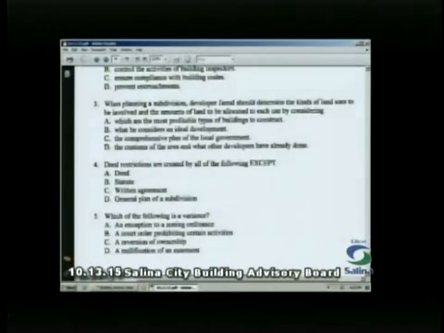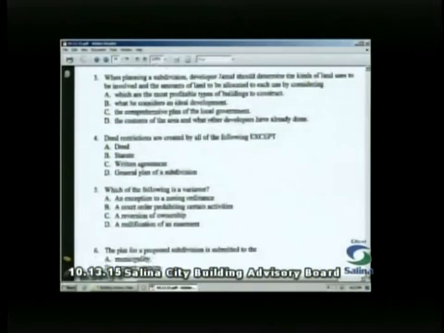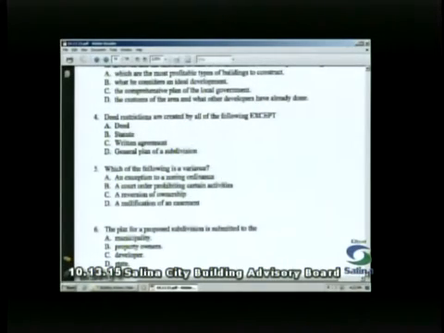That was when I woke up. Deed restrictions are created by all of the following except... What doesn't apply to a deed restriction? Remember that deed restrictions are over and beyond zoning regulation. Statute. That is correct. You were paying attention, sir.